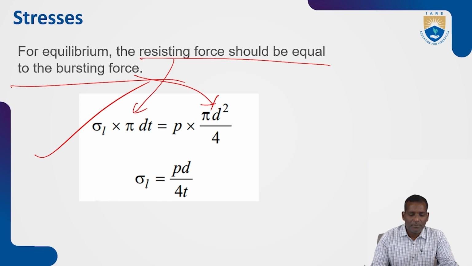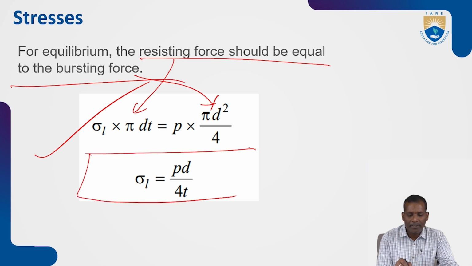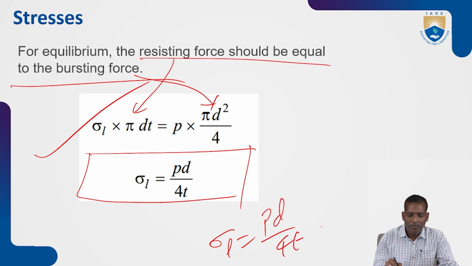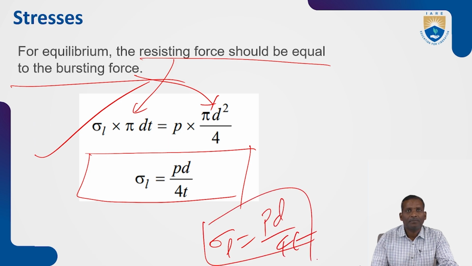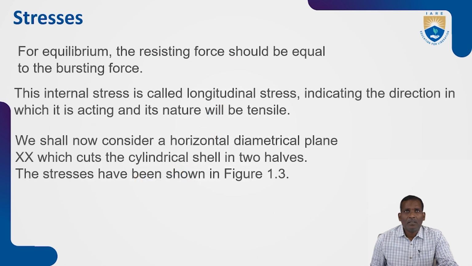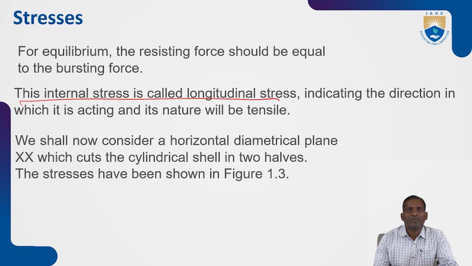So sigma L is P D by 4 T. This is called the longitudinal stress.